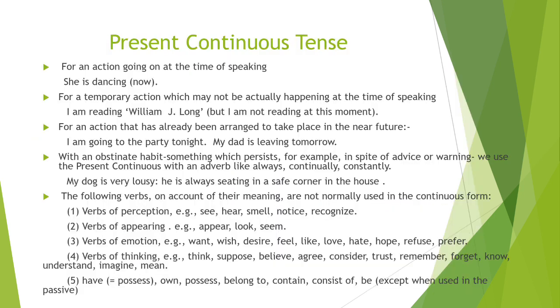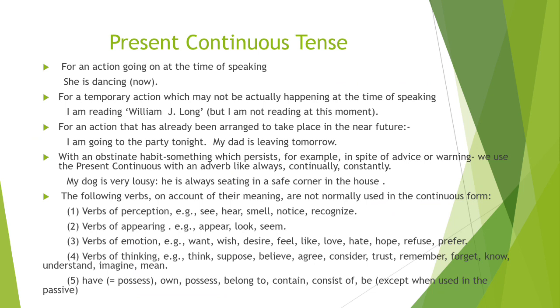Now let's move to the next tense, that is present continuous tense. Continuous, as you all very well know, is progressive tense. Present progressive tense means that this is used for something that is going on in the present time. So we'll use present continuous tense.